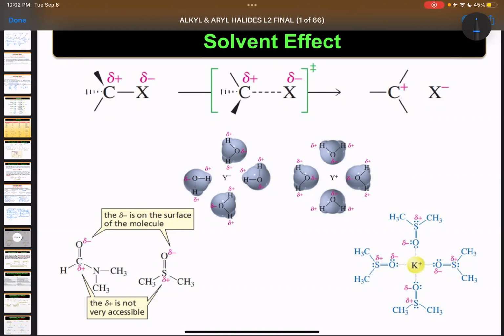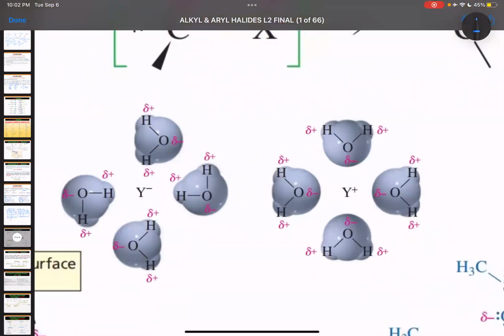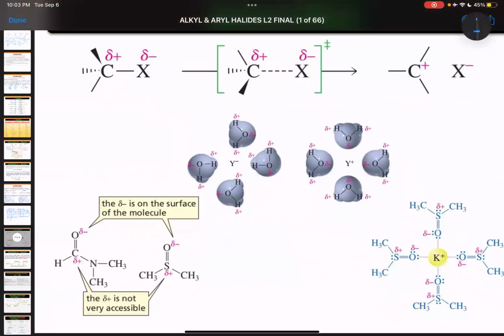The solvent, for example the water, stabilizes the cation and anion. But in aprotic solvent, SN2 can happen, SN1 can't happen.